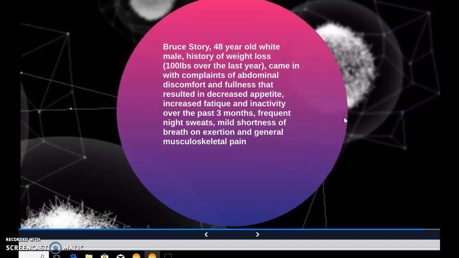When we look at his labs, we do a white blood cell count, and his white blood cells are elevated at 123,000. His hemoglobin is 10.3, and his hematocrit is 33.8. We do a bone marrow biopsy, and his bone marrow does show hypercellular activity and extensive proliferation of his granulocytes.